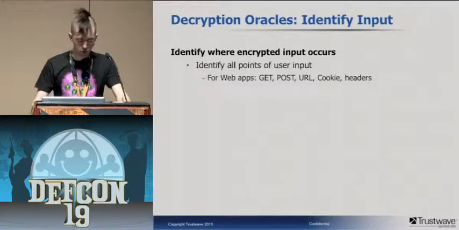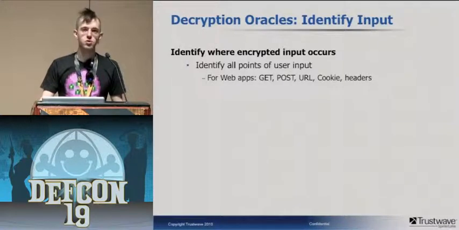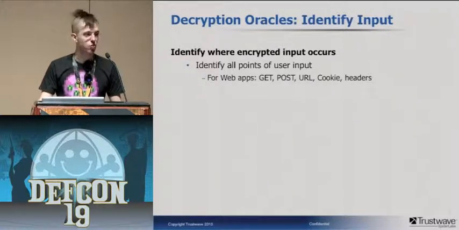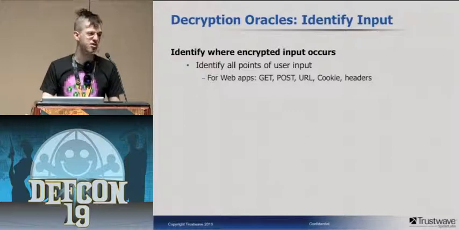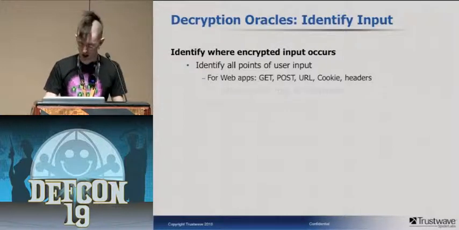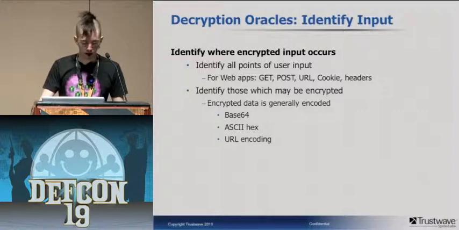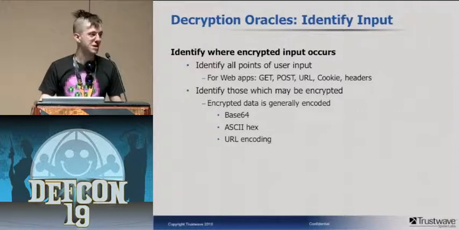So when we're looking for decryption oracles, we're going to look for ciphertext being passed in as some sort of input. So you're going to want to look for all points of user input, GET, POST, URL, anything in the cookie field or in HTTP headers, which is a little bit rare, but can happen. And then identify those which might be encrypted.